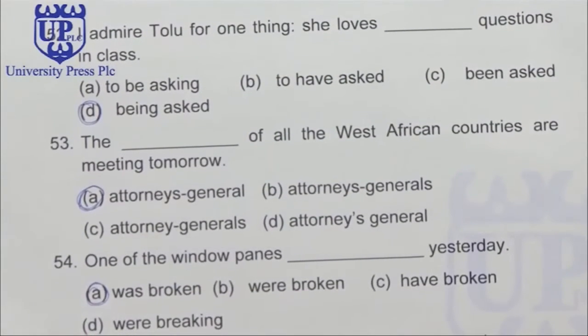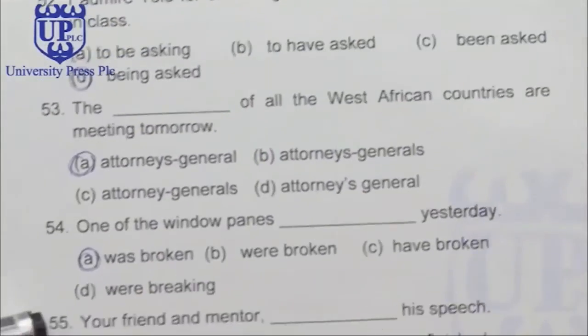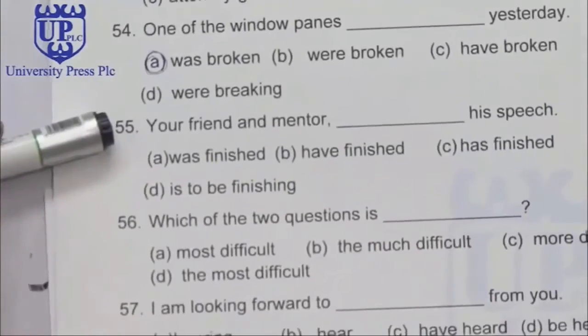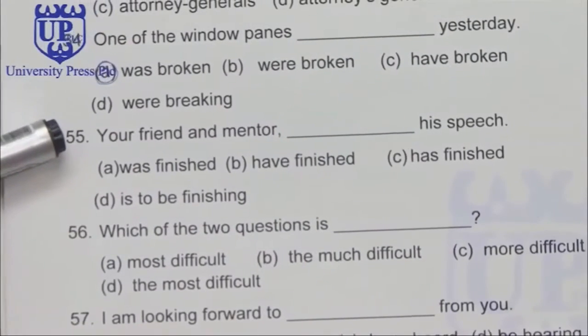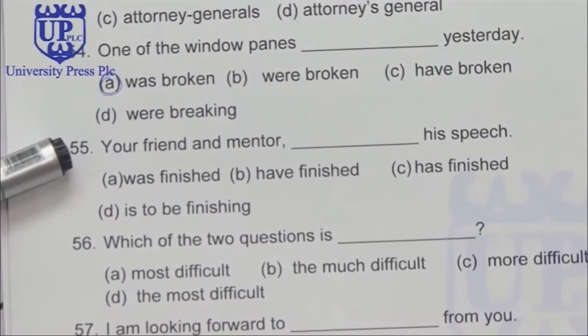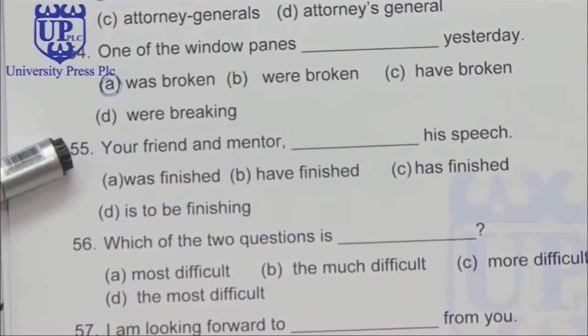Number 55 rather. Your friend and mentor dash his speech. Now again, listen to this one. Because your friend and the mentor are one and the same person, therefore it will be a singular verb. Your friend and mentor has finished his speech.